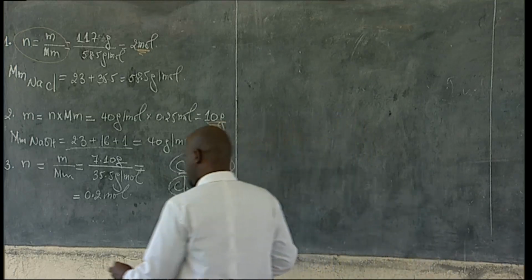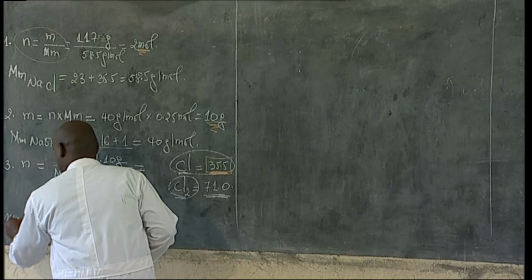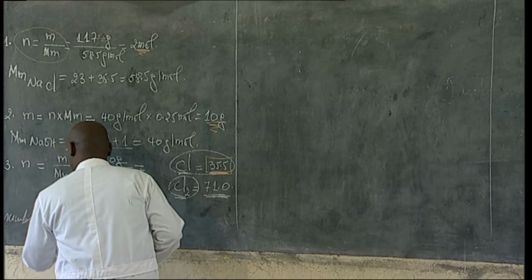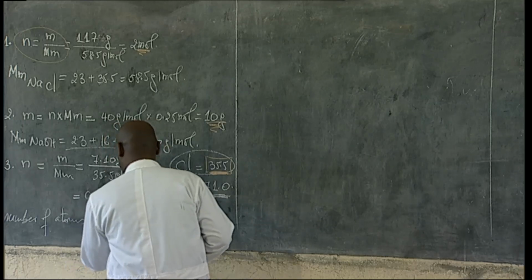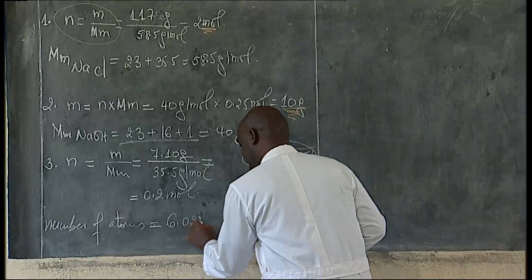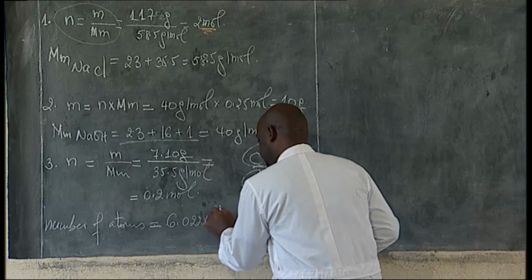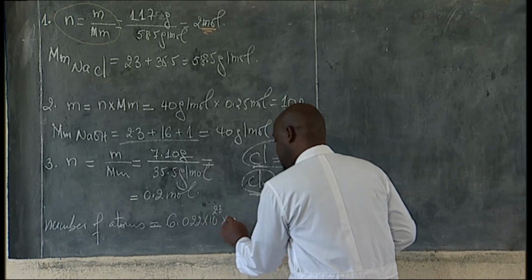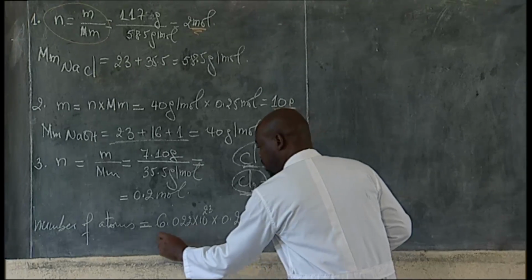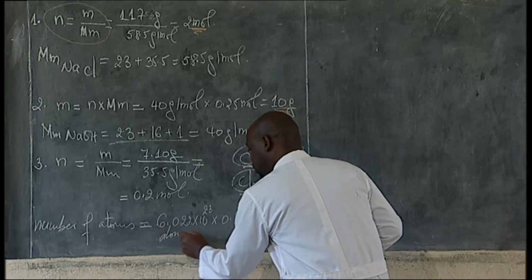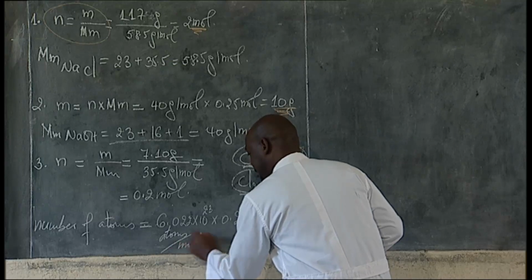Number of atoms will be given. Number of atoms will be equal to the Avogadro's number times 0.2 mole. Here, the unit can be atoms per mole.